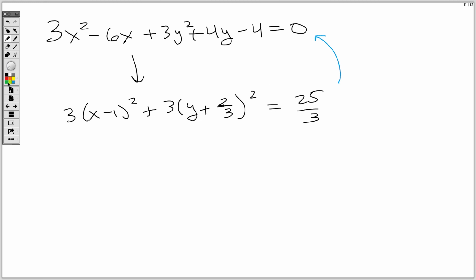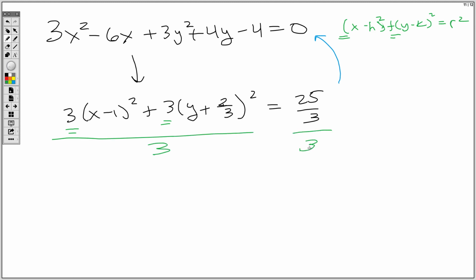Now thinking back to what we're trying to get to, we're trying to get to x minus h squared plus y minus k squared is r squared. You notice here that there's no coefficient on these quantities. Here we've got a 3, so we can get rid of that 3 by dividing both sides by 3.